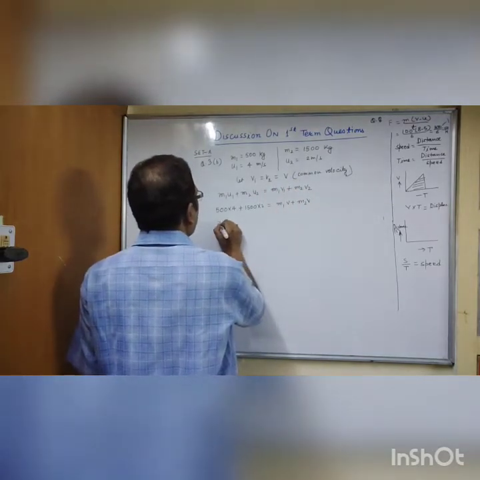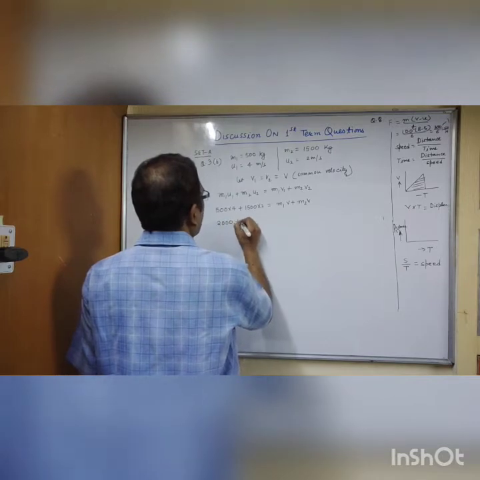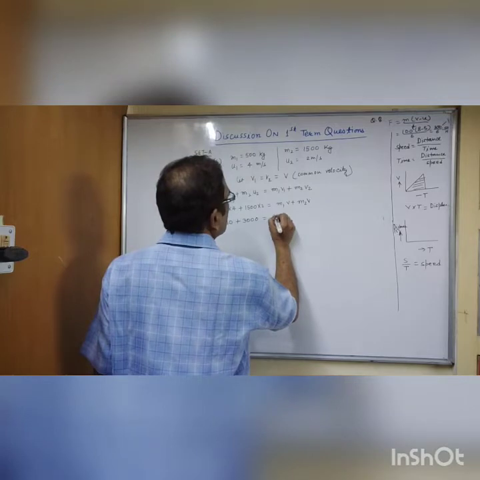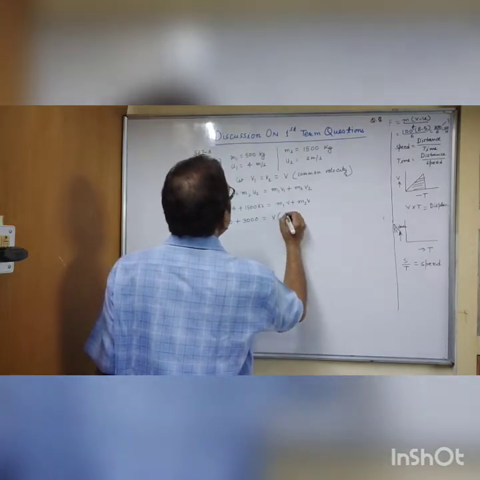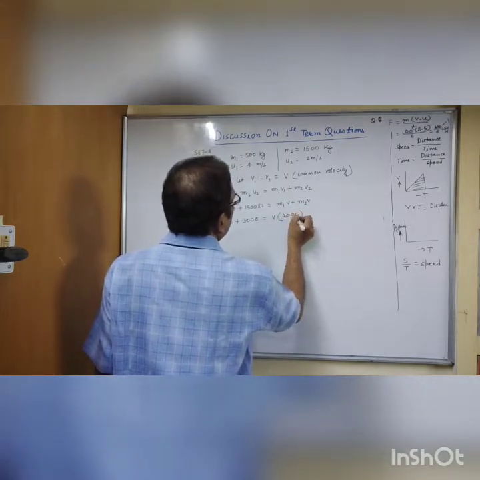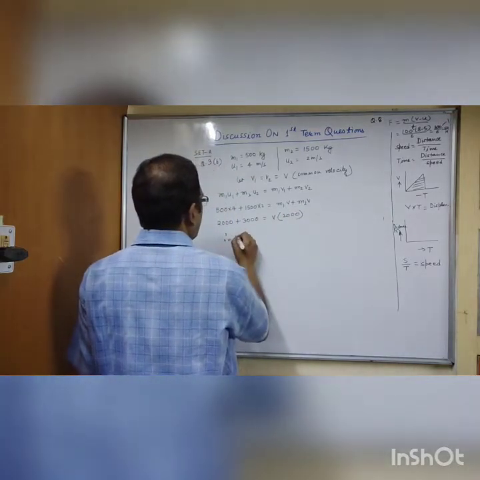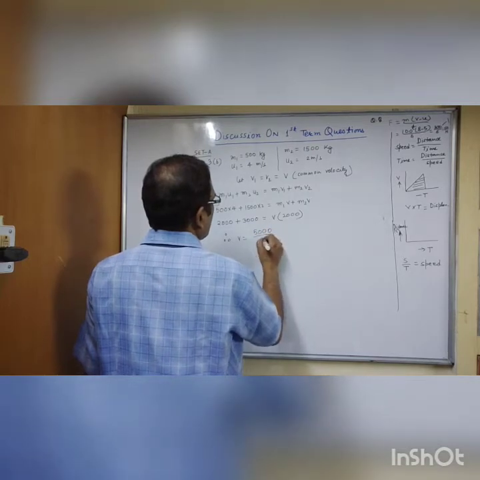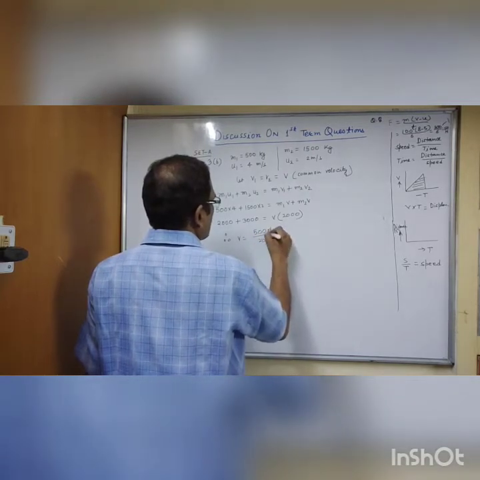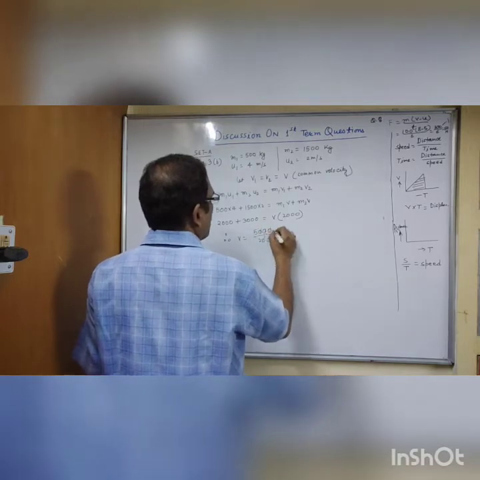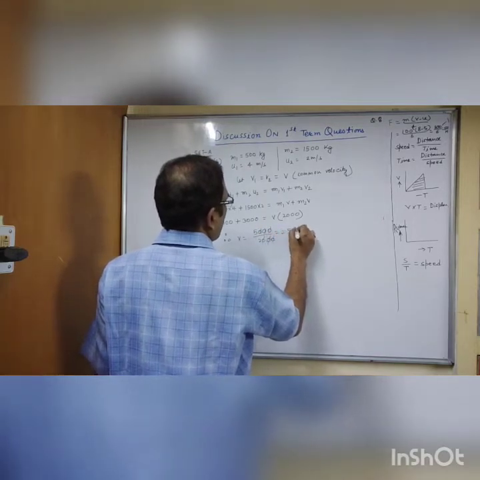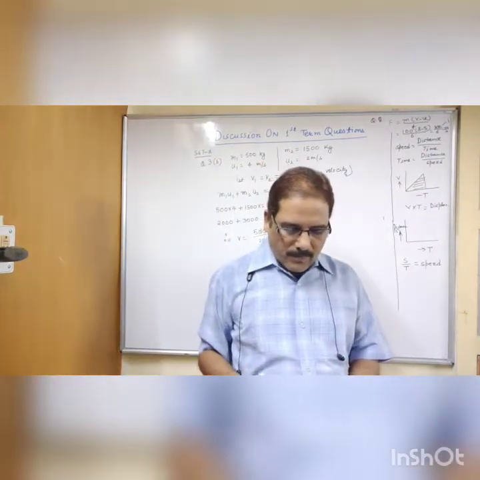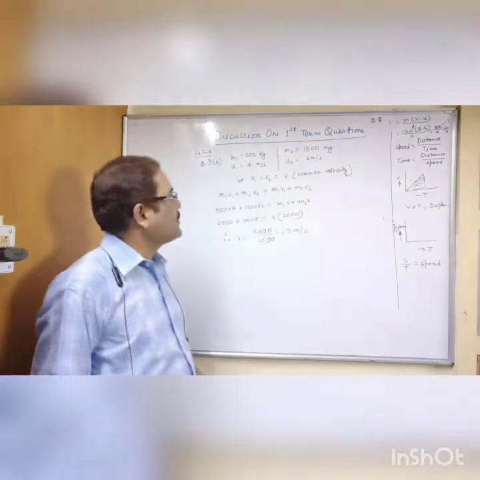So this can be written as 2000 plus 3000 is equal to v times m1 plus m2, which is 2000. Therefore common velocity v will be 5000 by 2000. If you simplify, you will get 2.5 meter per second as the common velocity. So 3 marks for this question.